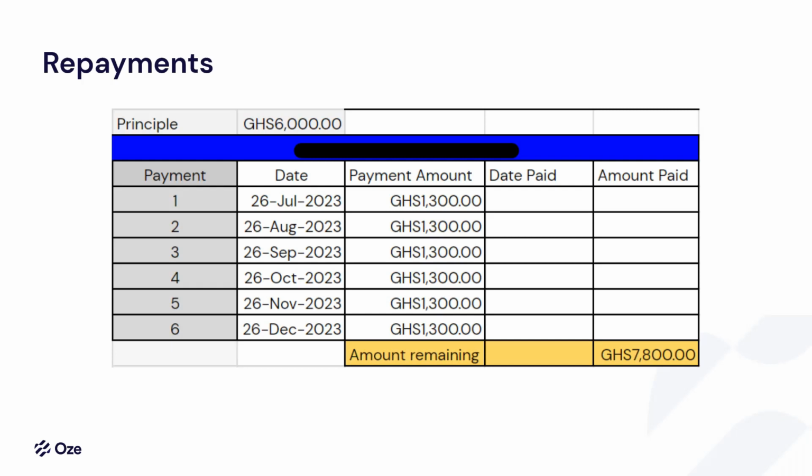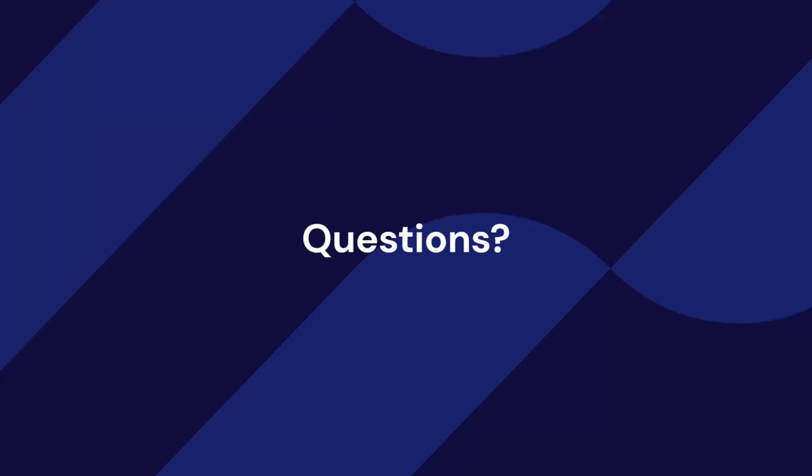So for this loan, for instance, this user will pay back 1,300 every month on the day on which the loan was disbursed for 6 months, bringing the total repayment to 7,800. So that is basically it, start to finish. That is what the loan process looks like at Oze.